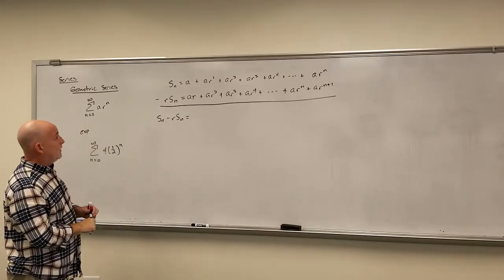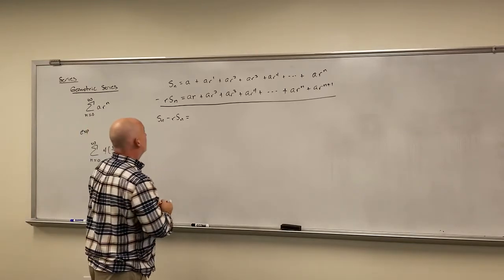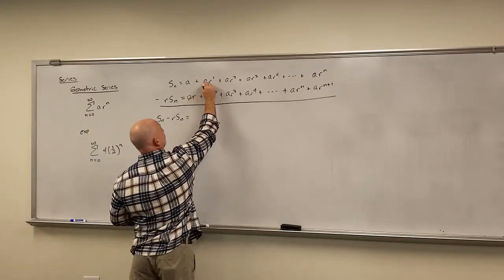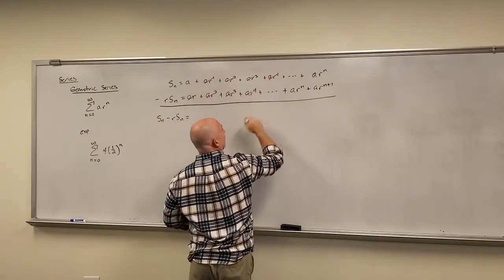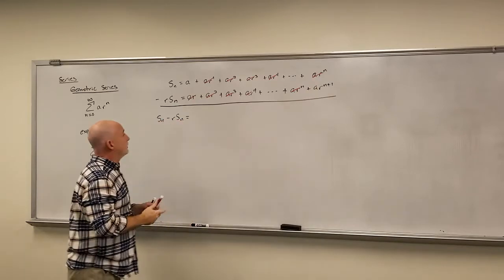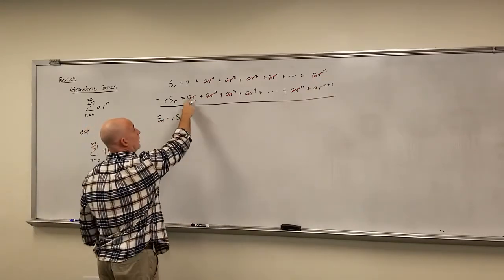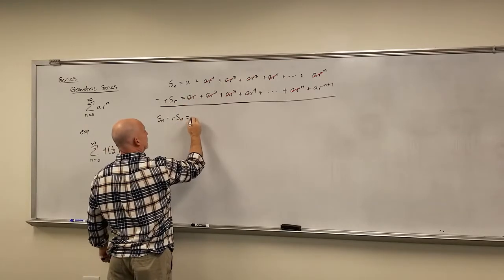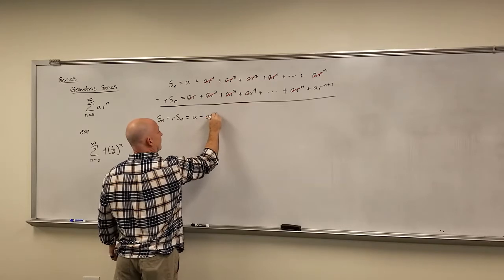What's going to happen when we reduce the right side over here? Well, notice this would cancel with that, this would cancel with that, this would cancel with that, and go all the way down to this canceling with that. So what do we have left on the right-hand side? Well, on the first line, the only thing we have left is a, minus, and the only thing we have left on the second line is ar to the n plus 1.